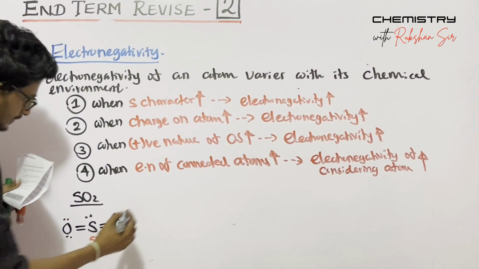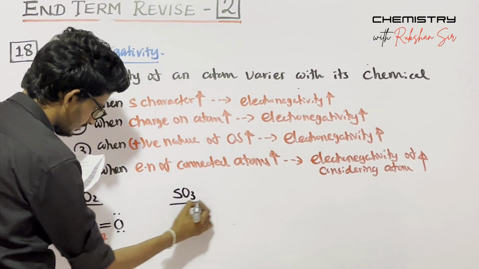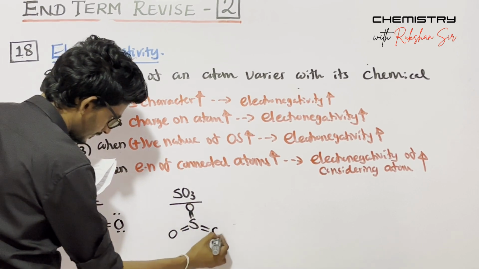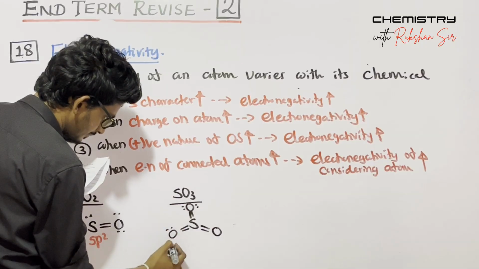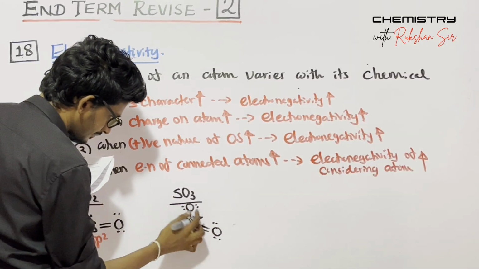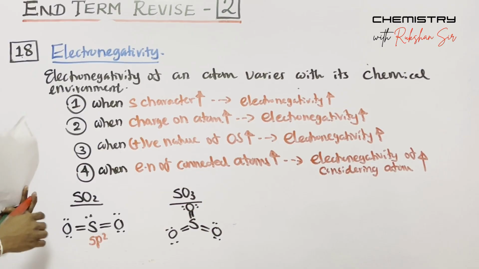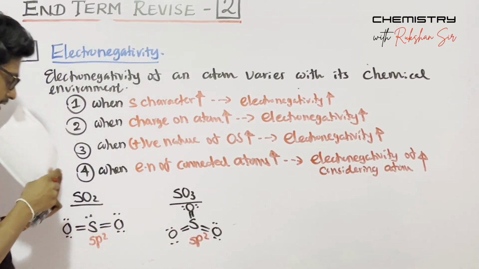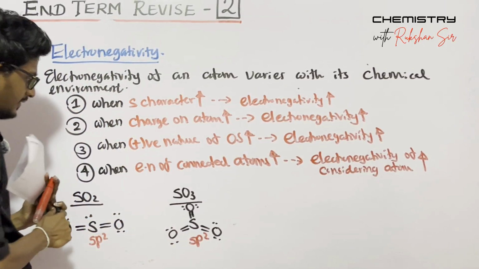When it comes to SO3, SO3 is with this structure. So it is also with sp2 hybridization. The number of sigma bonds and lone pairs equals 3 on the sulfur.